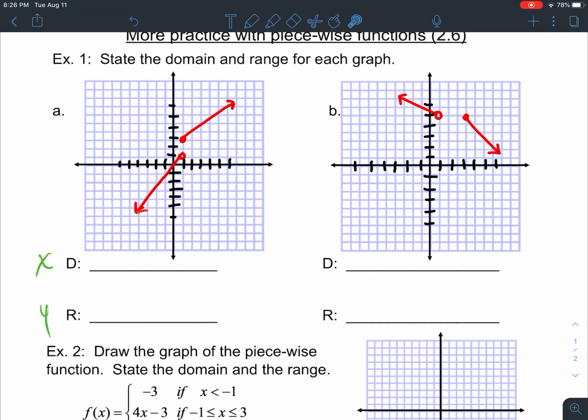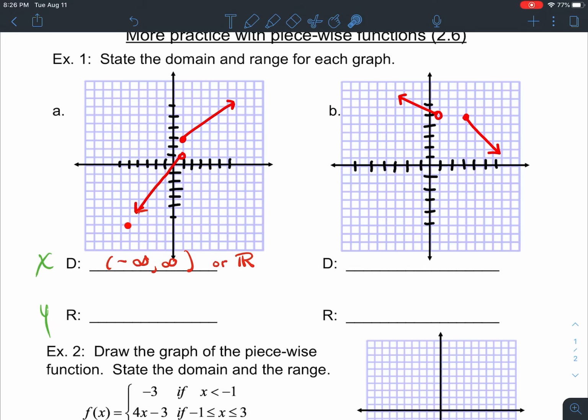In this case, this one stops at an x value of 1, but this one picks up at an x value of 1. And then as we travel from left to right, the x values continue on to positive infinity. So these two pieces connect to each other from the x values. So we would say the domain is all real numbers. You could either say from negative infinity to positive infinity, or you could use that symbol for all real numbers.